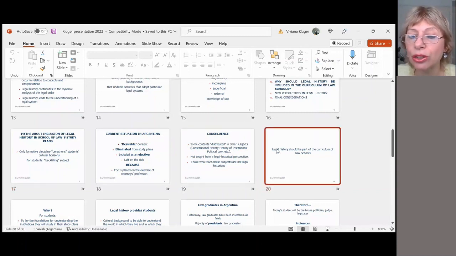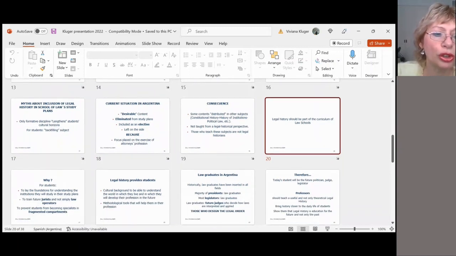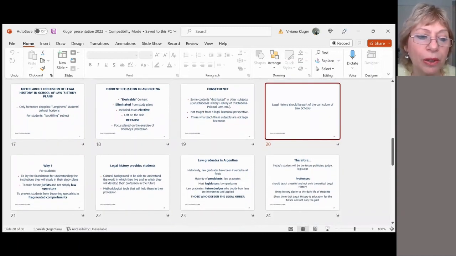So legal history should be part of the curriculum of law students. Why? For students to lay the foundations for understanding the institutions they will study in their future study plans. To train future jurists and not to train simply law operators.